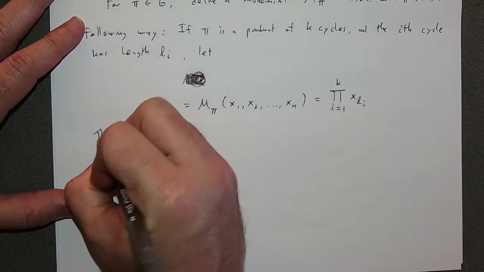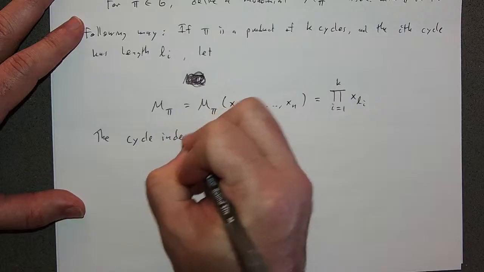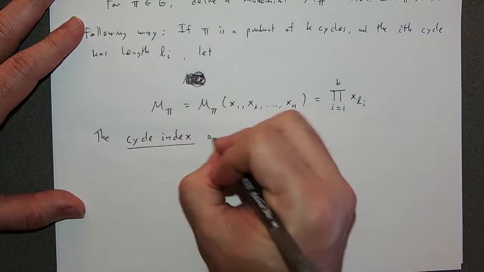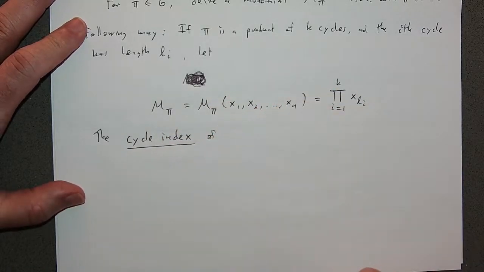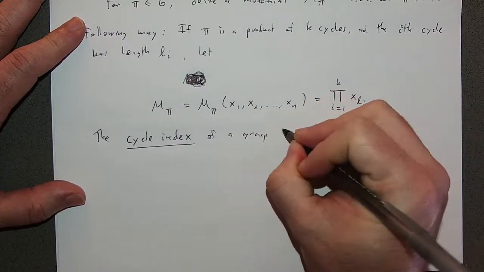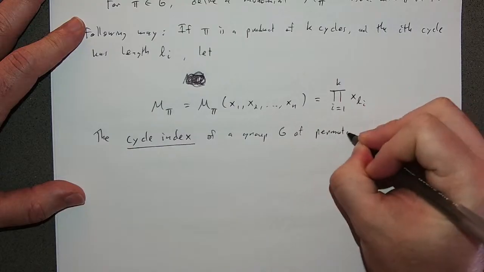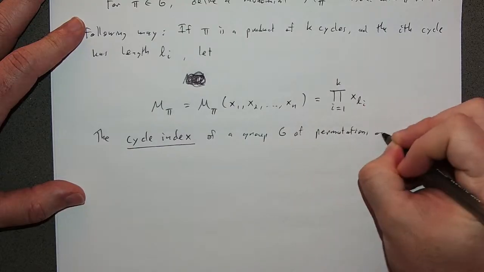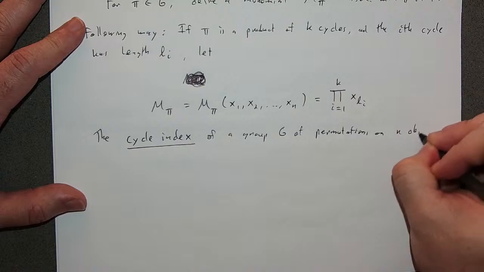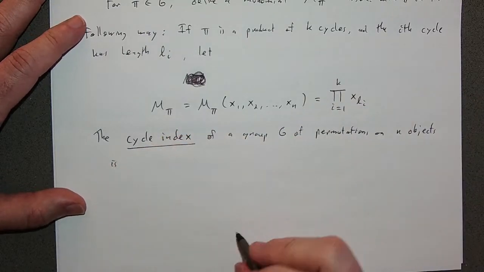The cycle index of a group G of permutations on n objects is the following.